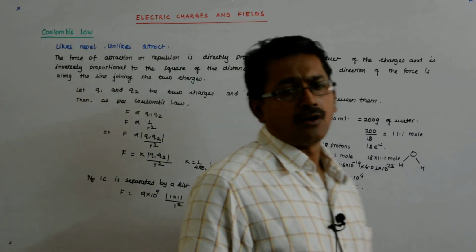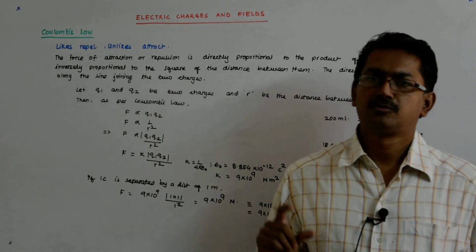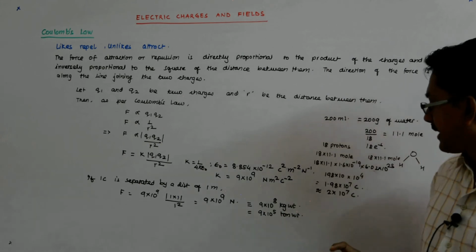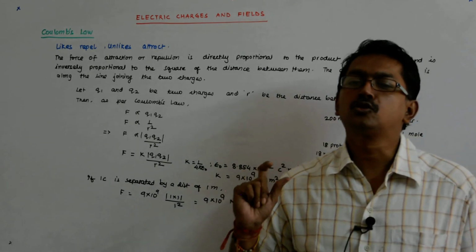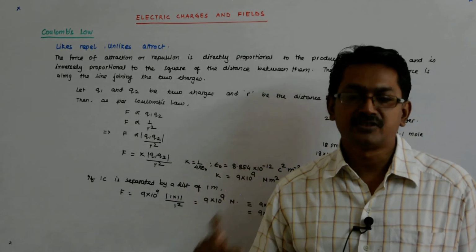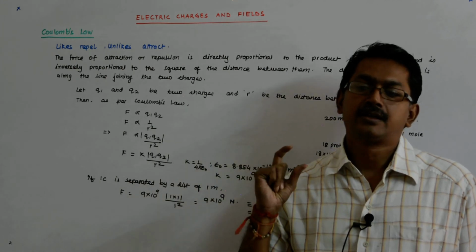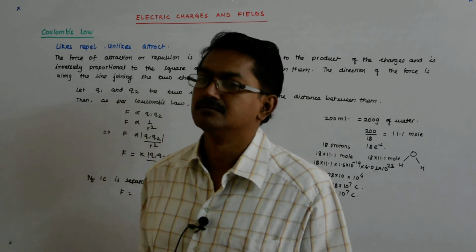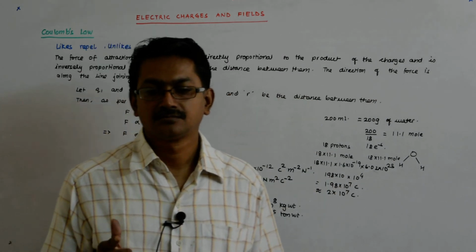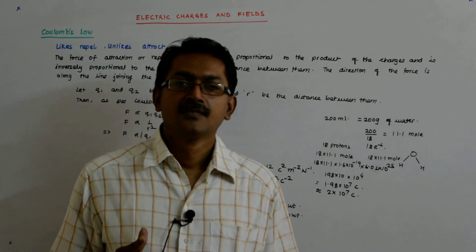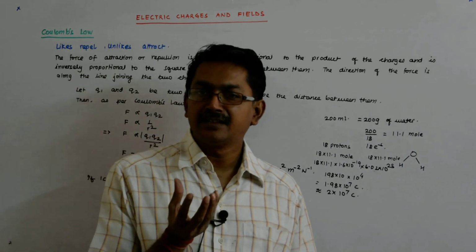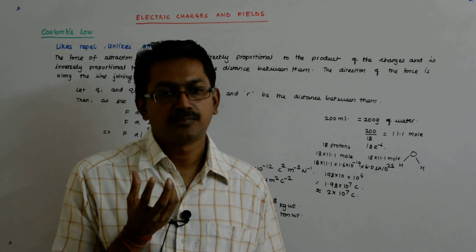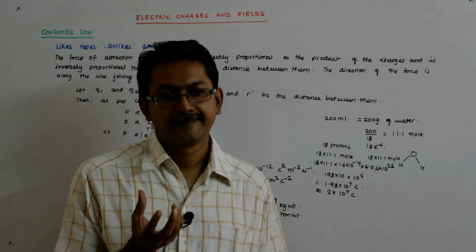A cup of water or a small glass of water contains 20 million coulomb of positive charge and 20 million coulomb of negative charge. Understand? And it is all in a cup of water, right?